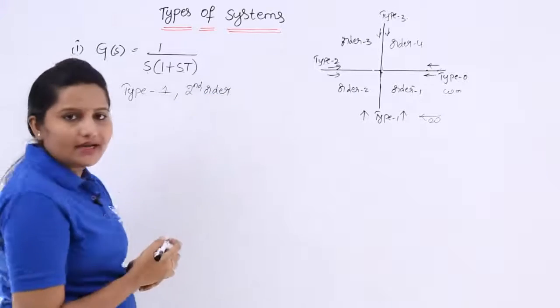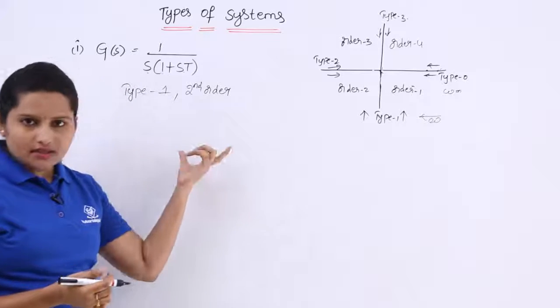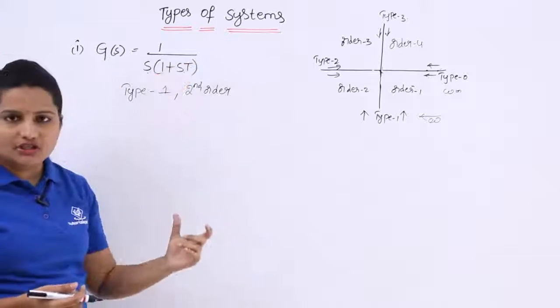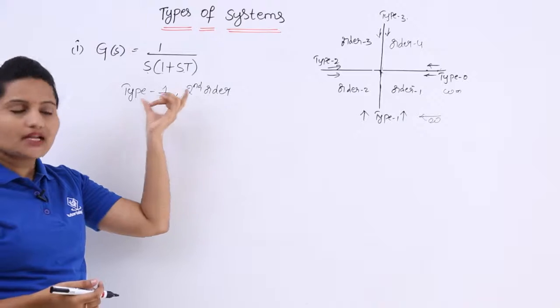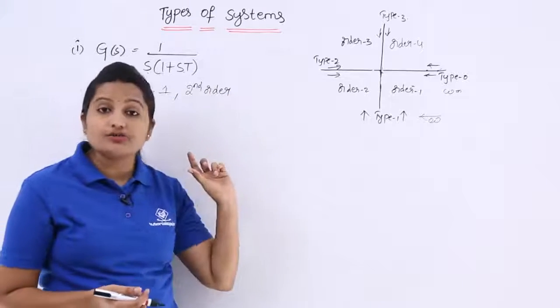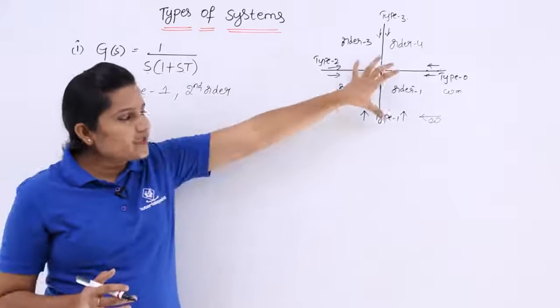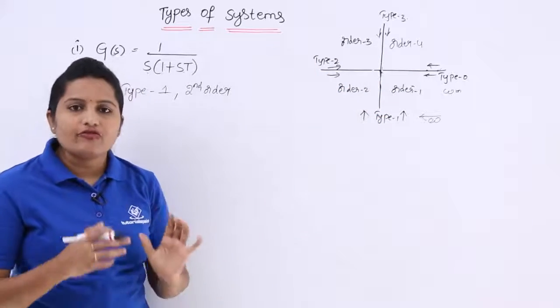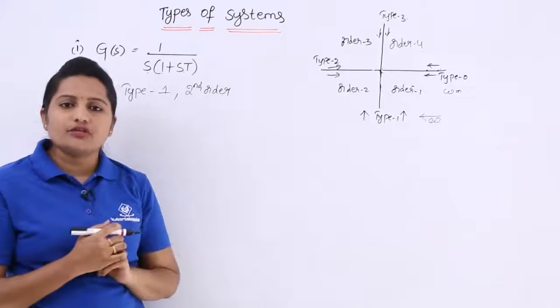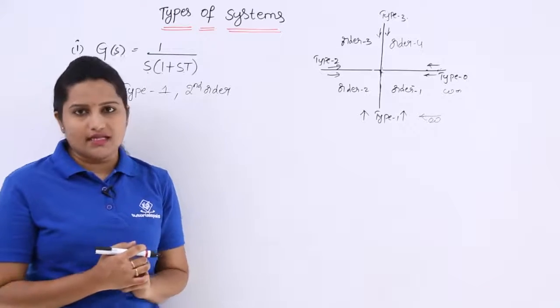From initial identification, the given transfer function is type 1 and order 2, or second order system. By this we can trace where we are going to plot the polar plot or Nyquist plot.